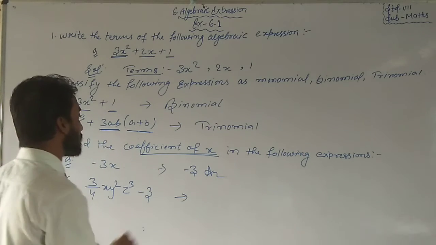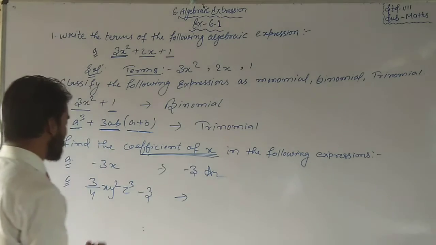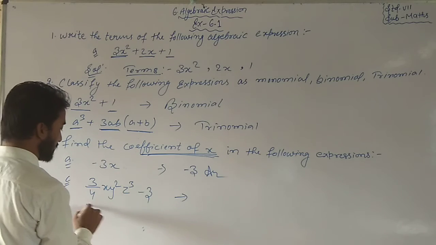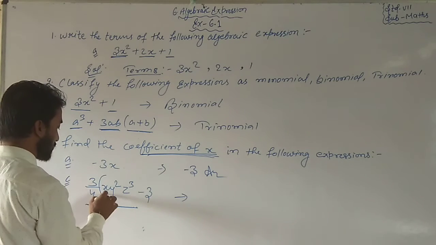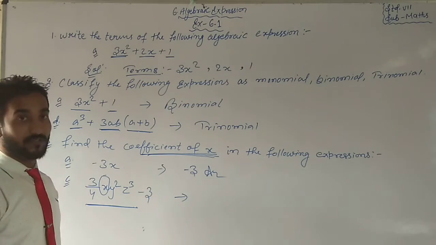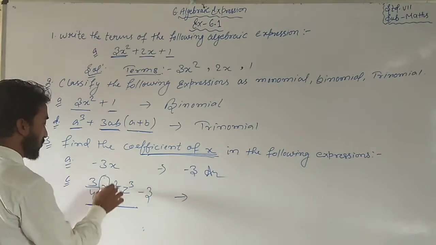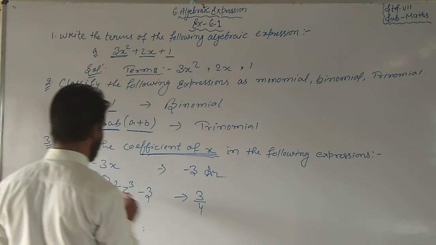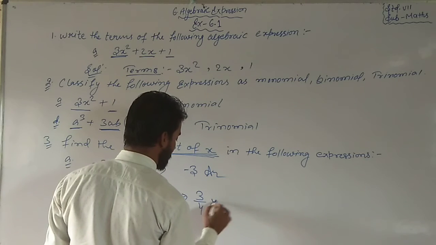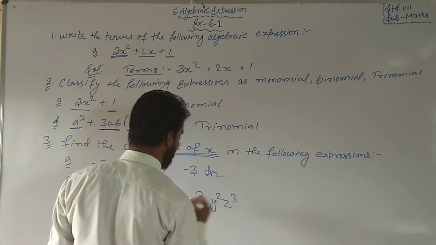See students, read the question again: coefficient of x. What is the coefficient of x in these terms? To find the coefficient of x, accept x. What is here? It is 3 by 4 y square z cube.